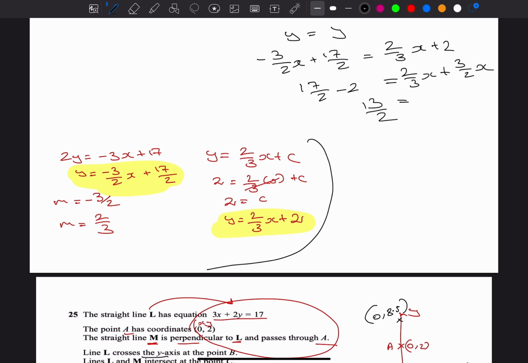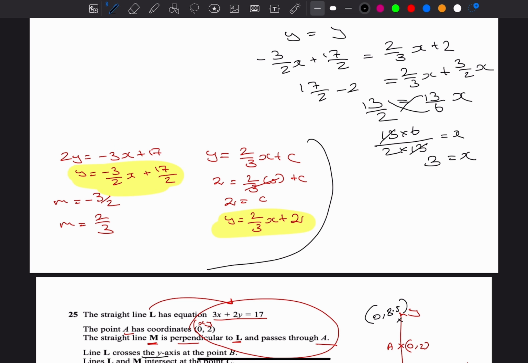And then 2 over 3 plus 3 over 2 is 13 over 6, x. Multiply this by 6 divided by 13. So 13 times 6 divided by 2 times 13, and 13 and 13 cancel. X is 3.